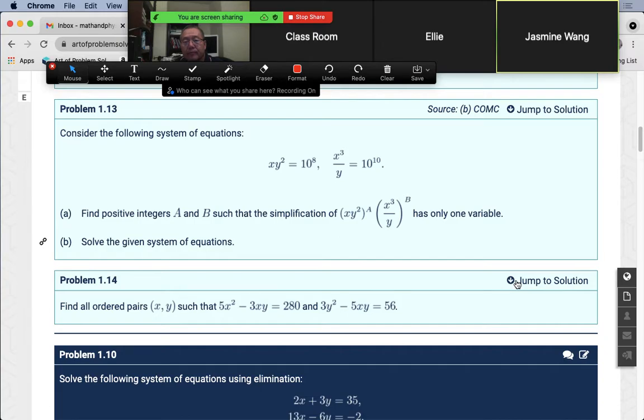A. Find positive integers a and b such that the simplification of (x y squared) to the a power times (x cubed over y) to the b power has only one variable. Solve the given system of equations. Okay, I give you 3 minutes. Try to solve this one. This one's a little bit hard.